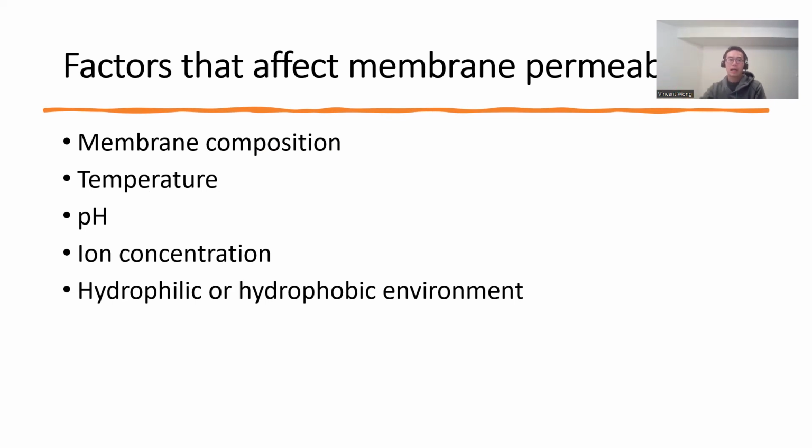Temperature is going to affect the membrane permeability as well, and that's what the lab is about. Okay. You will investigate how temperature affects the membrane permeability. Okay. There's going to be pH, ionic concentration, and whether the environment is hydrophilic or hydrophobic. So all these things are going to affect the membrane permeability.